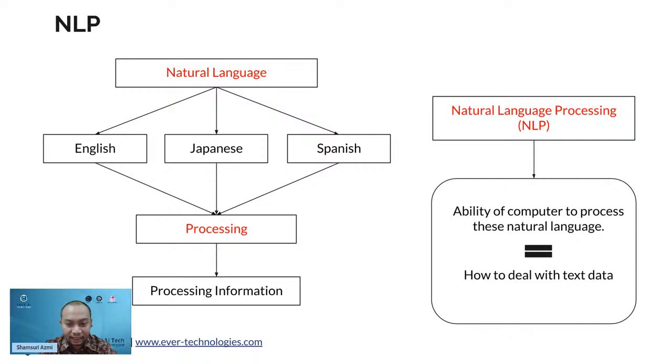And all of these languages are used to communicate with others, for humans to communicate and understand each other. The processing part is more like the processor on a computer and how the computer carries out instructions. So, natural language processing is how a computer is able to process this natural language. Simply put, it is how to deal with text data.